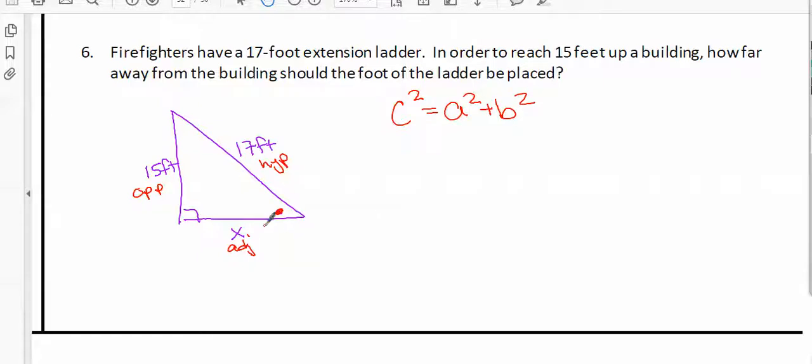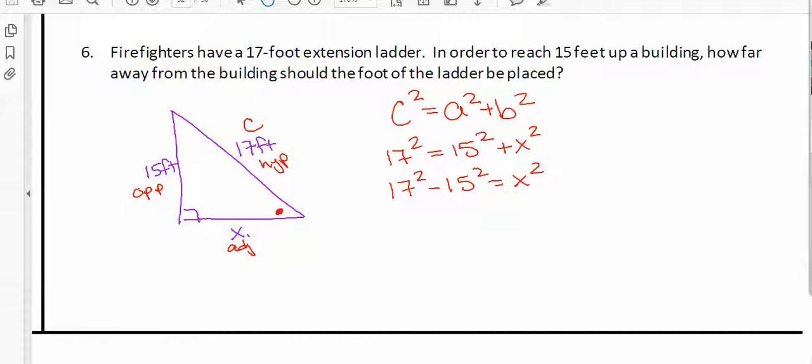It's hard for me to pick an angle, and there's no x there or an angle, so that's kind of my big clue. The only angle I know anything about is my 90-degree angle. My hypotenuse is my c. 17 squared equals 15 squared plus x squared. So I plug this into my calculator also. I'm going to take that 17 squared and subtract 15 squared.